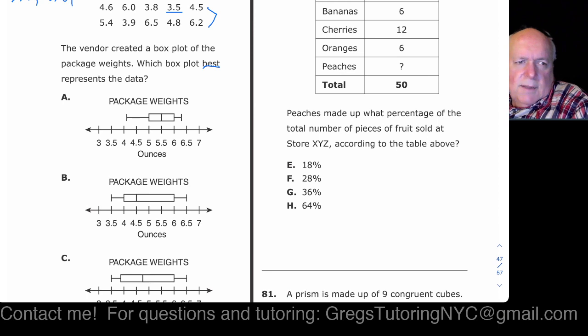Then the next ones are 4.5 and 4.6, so we get rid of those. We have 4.8. We get 5.4. And we're left with 6.2 and 6.5.